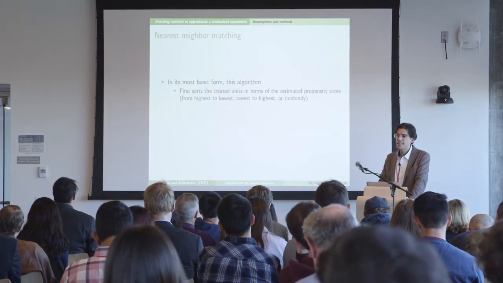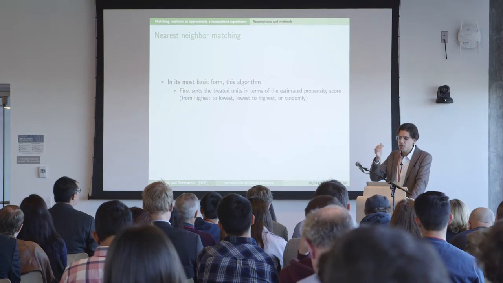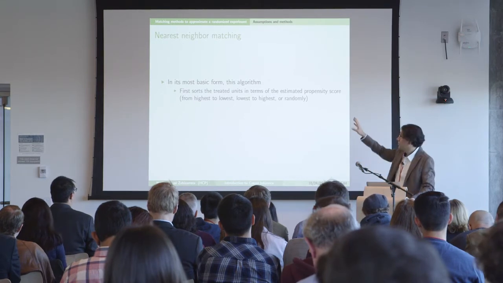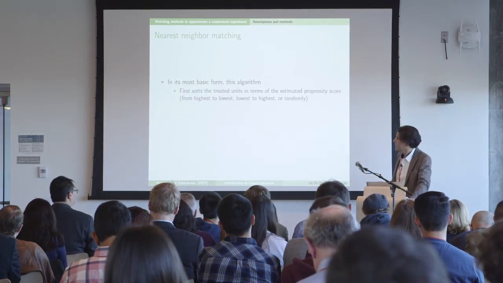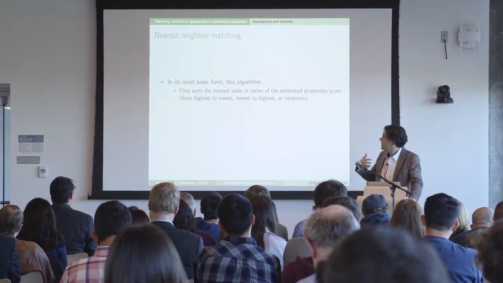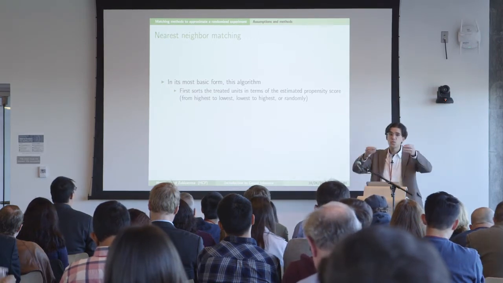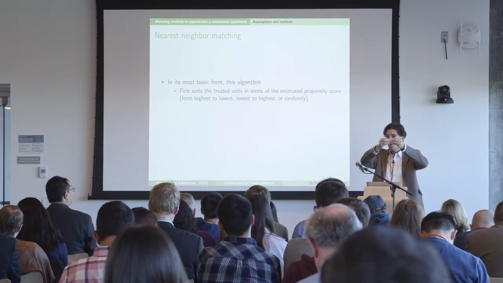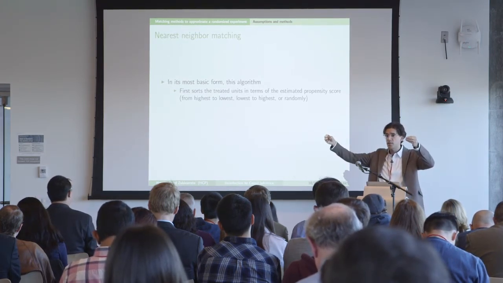Now that we have distances between every possible pair of units, we need an algorithm to pair the units. The most widely used algorithm for matching is nearest neighbor matching, which in its most basic form is to sort all the subjects based on the estimated propensity score. We sort all the treated subjects, for example, in decreasing order.